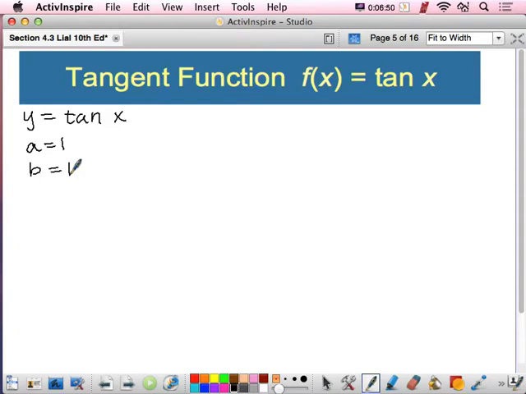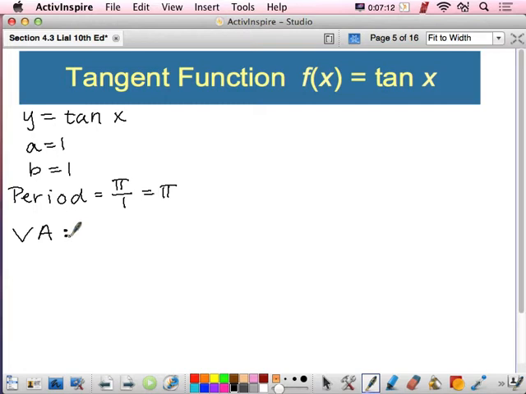So the next thing we're going to do is find our period. And the period of tangent and cotangent is pi over b, which in this case is pi over 1, which is just pi, not 2 pi. Not 2 pi over b, pi over b. Then we're going to find 2 vertical asymptotes that are adjacent and close to 0.